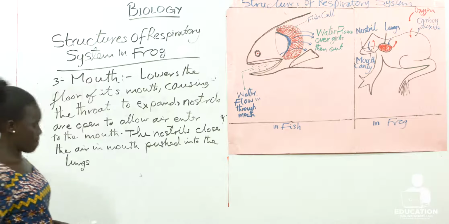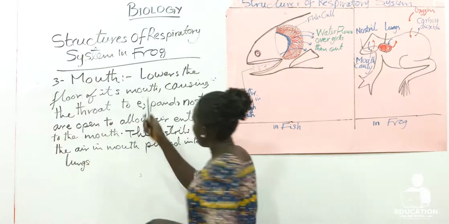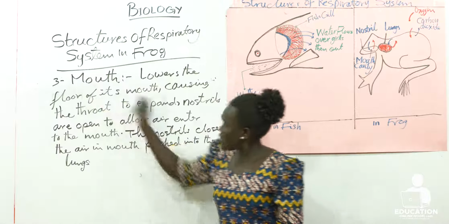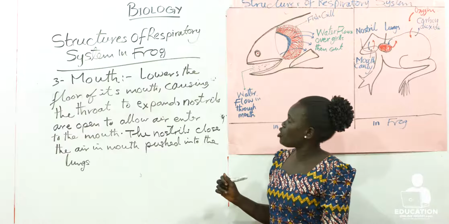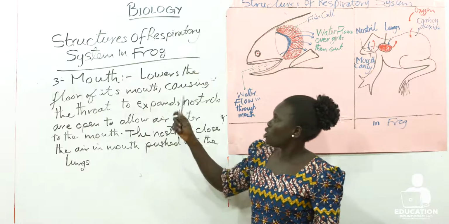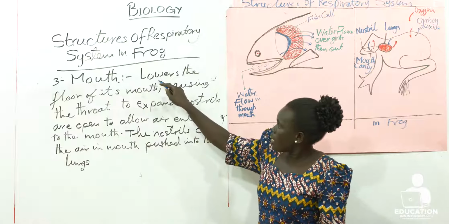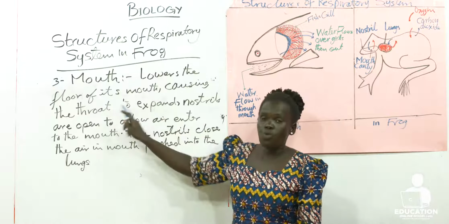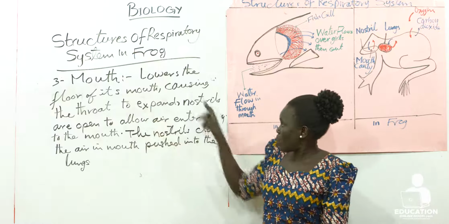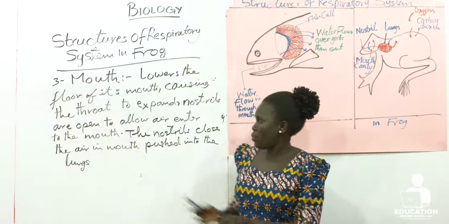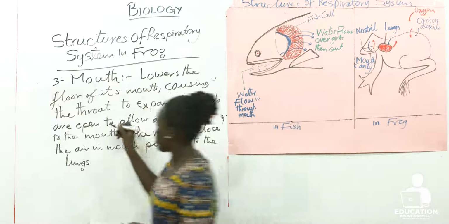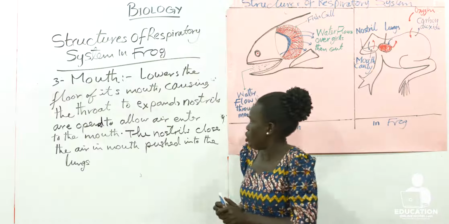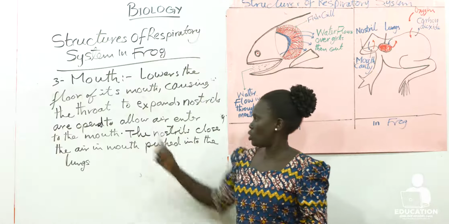Number 4. Before I wrap this up, the third structure of respiratory system in the frog is the mouth. So here the frog will lower the floor of its mouth, causing the throat to expand. At the same time, the nostrils are open to allow air to enter the mouth.